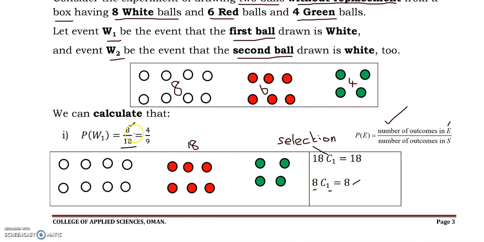That is 8 divided by 18. What is this 18? Total number of balls is 18. So I select one ball from these 18 balls, that is 18C1, which is equal to 18. That is in the denominator. So this is equal to 4 divided by 9. So the probability of W1, that is first ball white, is equal to 4 divided by 9.